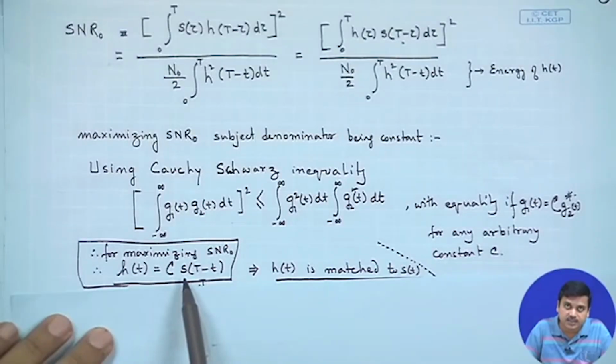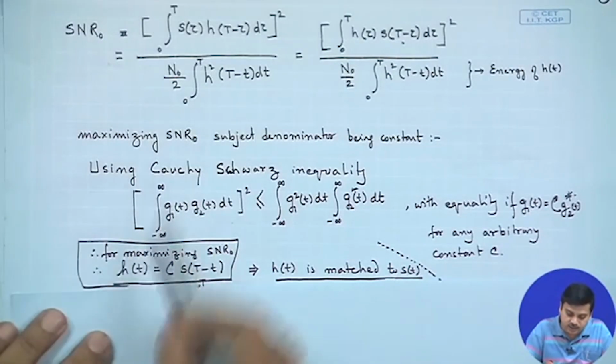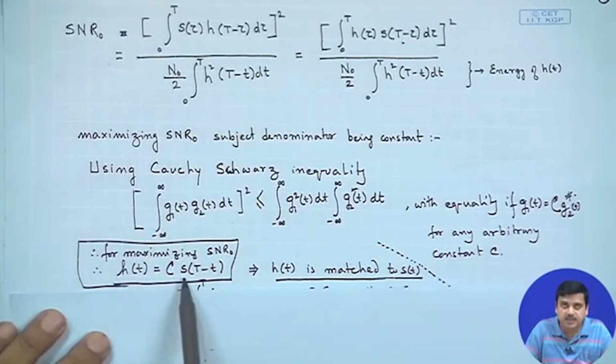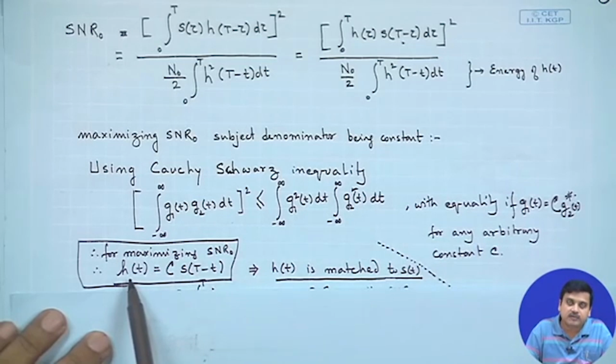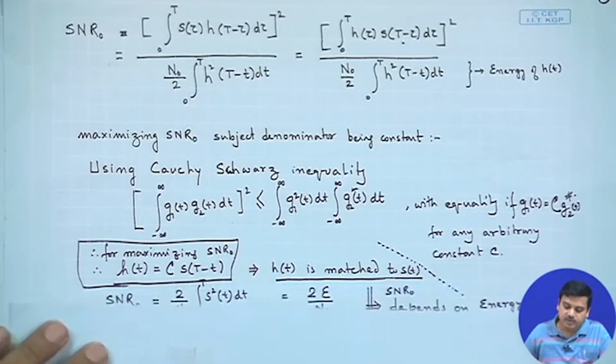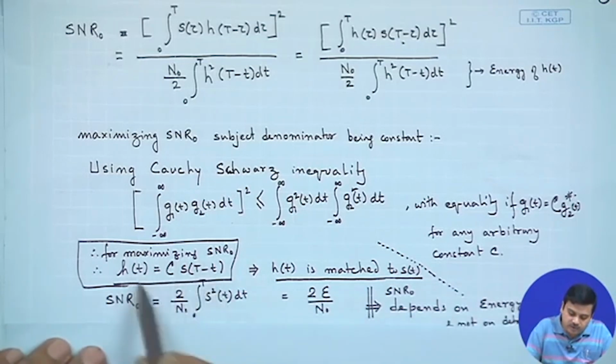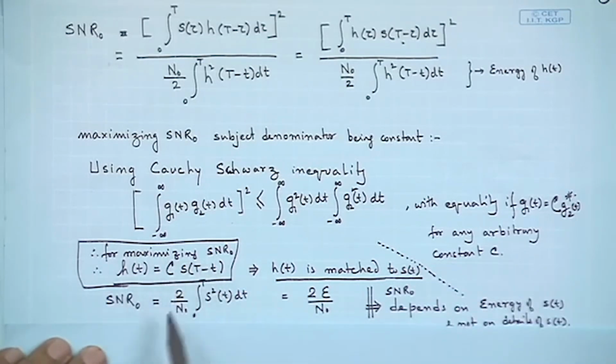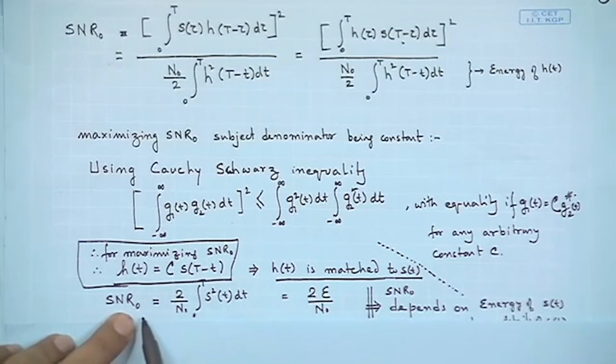So, we are matching it to the basis function. We should not get confused with s of t. S of t in this case is the situation for which h of t is there. So, when s of t has several components, each filter will be matched to the component of the signal in that particular direction.